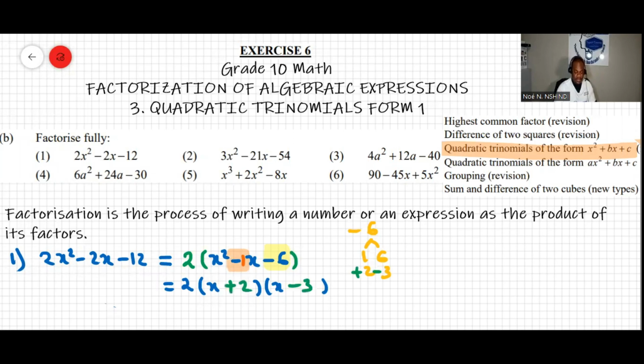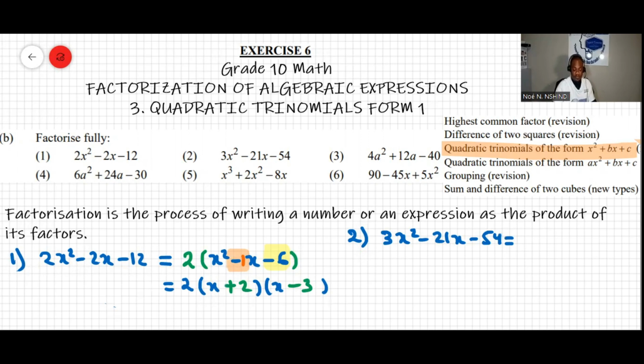The same thing we can do in question 2, where we have 3x squared minus 21x minus 54. First we look at each term of the expression. I guess you notice that they're all multiples of 3. How do I know?